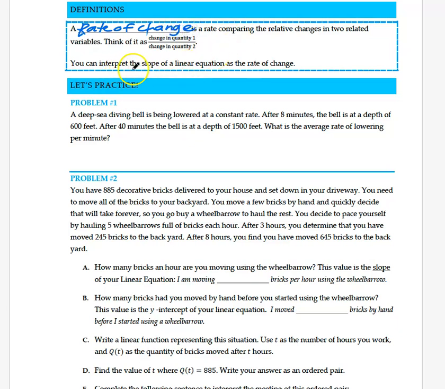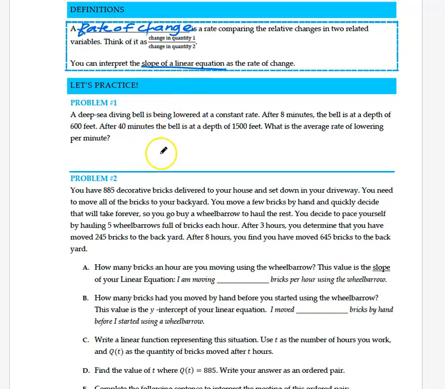And this is the same thing as the slope of a linear equation. So when we're talking about an average rate of change or rate of change, we're just talking about the slope when we're dealing with something linear.